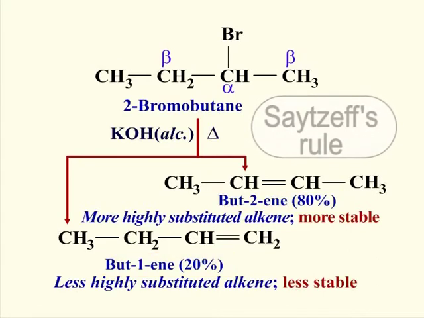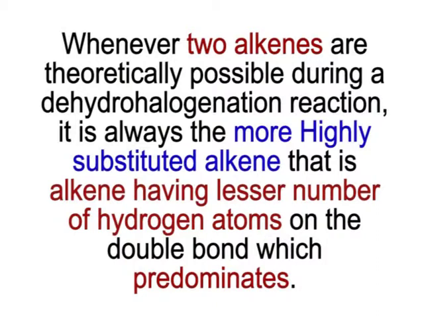According to this rule, whenever two alkenes are theoretically possible during a dehydrohalogenation reaction, it is always the more highly substituted alkene, that is, the alkene having a lesser number of hydrogen atoms on the double bond, which predominates.